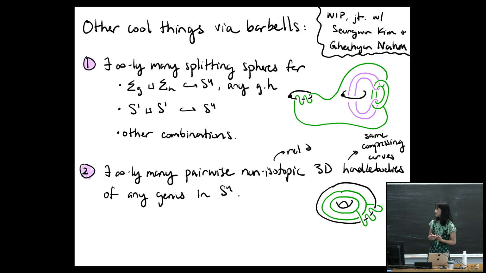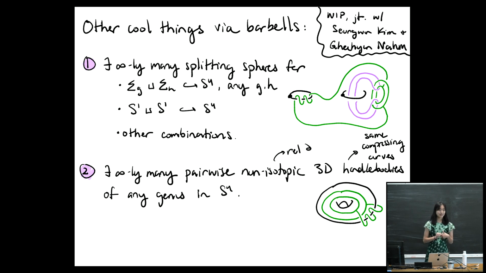Maybe just to state some context on this result. The paper in which Budney and Gabai introduced these barbell diffeomorphisms actually showed that there exist infinitely many knotted 3-balls in S4, so genus 0 handlebodies. Here the isotopies are fixing the S2. That was important. In that paper, they conjectured that the same thing would be true for higher genus handlebodies.